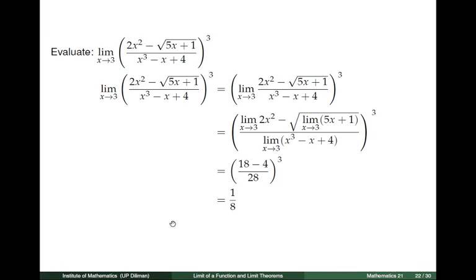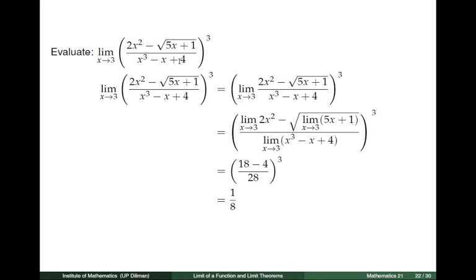Now let us look at a slightly more complicated expression that involves the radical sign. So here we want to get the limit of the cube of the quotient 2x squared minus the square root of 5x plus 1 divided by x cubed minus x plus 4.